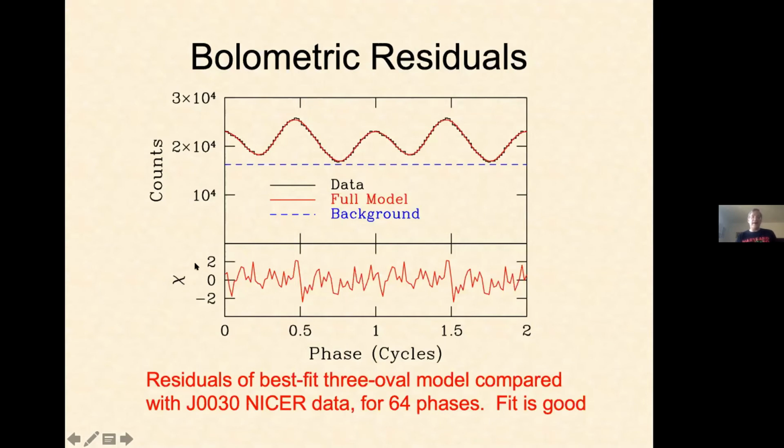And then down at the bottom, we have chi. This is the signed square root of chi-square. It's the data minus the model divided by the square root of the model. The fit is good. We can see that this actually works just fine. There are no giant spikes. There's no particular pattern of residuals.